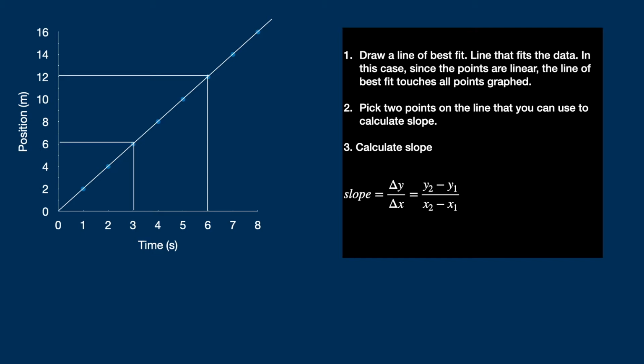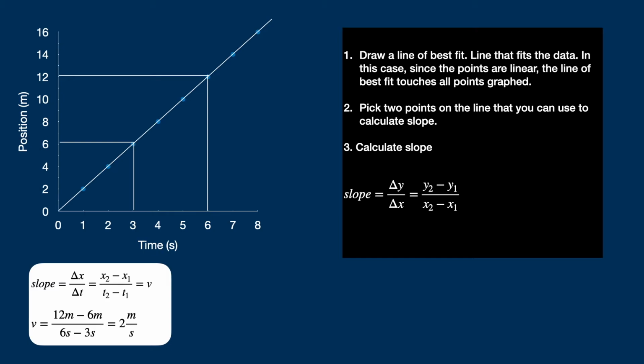So slope is equal to rise over run, or you can do y2 minus y1 over x2 minus x1. And if we do that in this example here, instead of delta y over delta x, we're actually dealing with position. So we could say delta x on the vertical axis. I know that's kind of confusing. You could say delta y, but since the truck is moving horizontally, I would have said delta x.